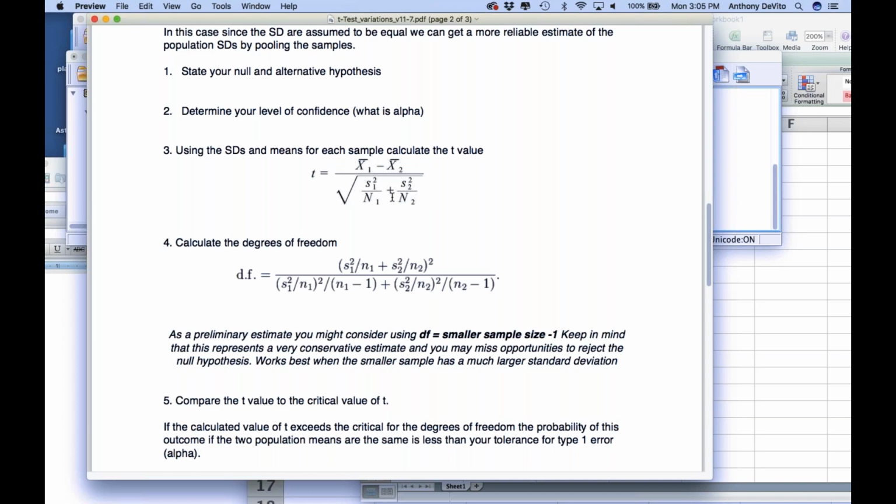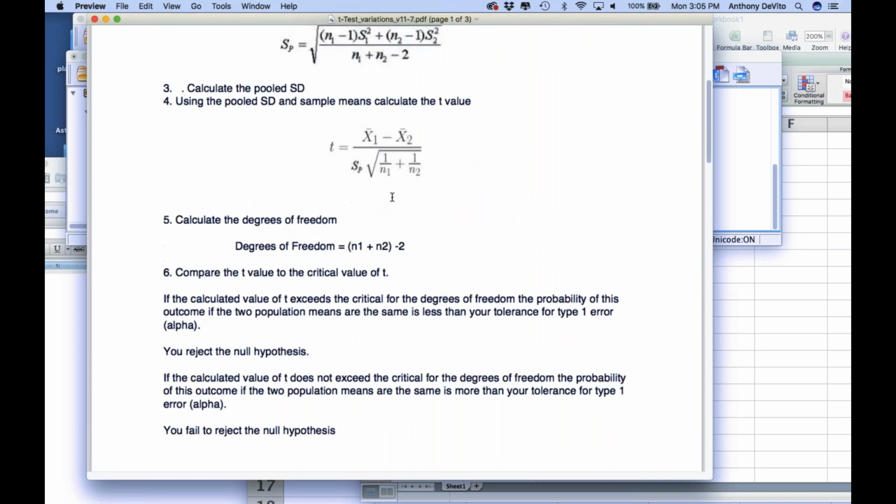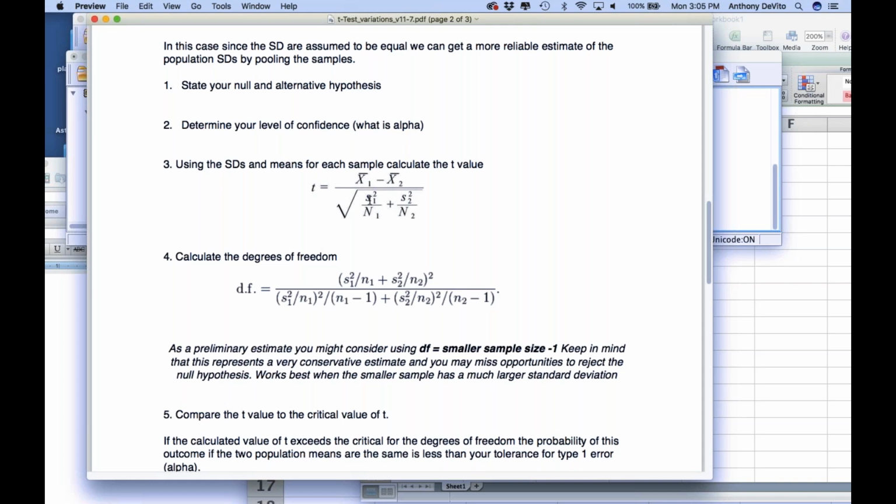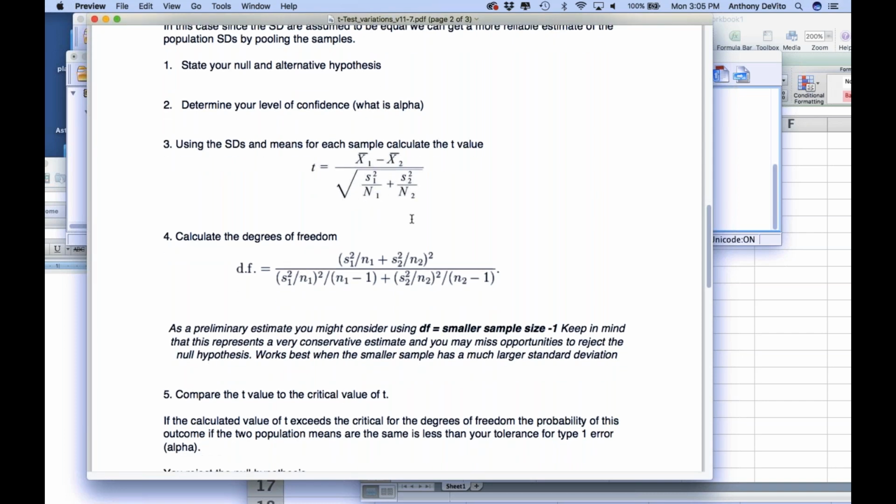And the standard error, instead of having to calculate a pooled standard deviation, is equal to the square root of the standard deviation of the first sample squared over the sample size, plus the standard deviation of the second sample squared over the sample size. No pooled standard deviation. It's actually a little simpler, right?